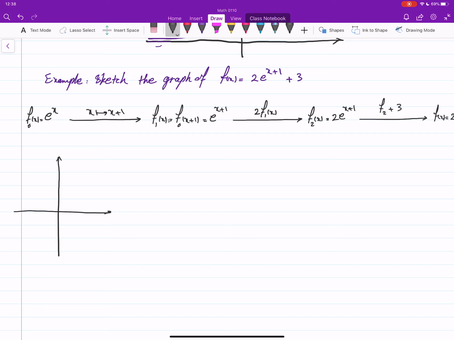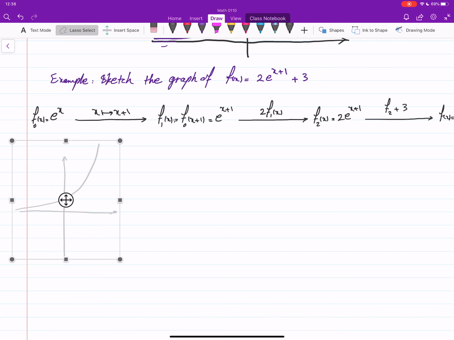Start with this, and then we have this guy here. The first thing is that we are replacing x by x plus 1.